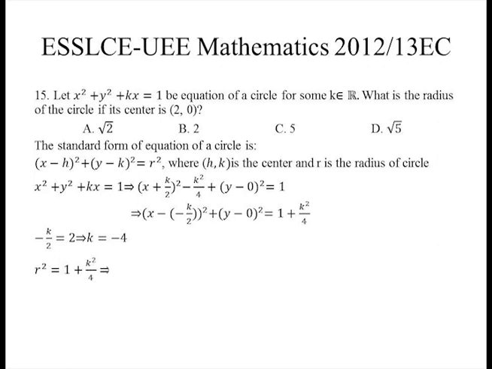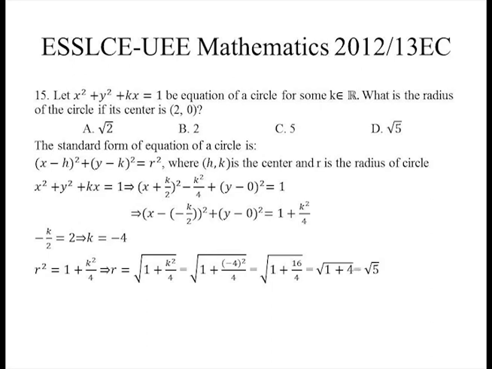Taking the square root of both sides, r is equal to the square root of 1 plus k squared over 4, which is equal to the square root of 1 plus (negative 4) squared divided by 4. Negative 4 squared is 16, divided by 4 means 4. So the square root of 1 plus 4 is equal to the square root of 5. The correct answer is choice D.